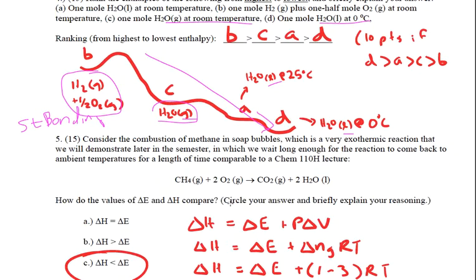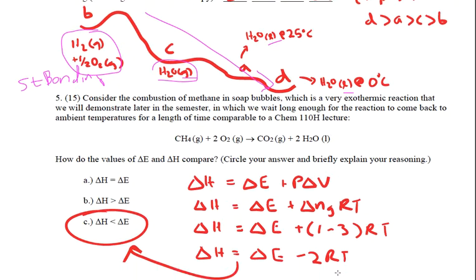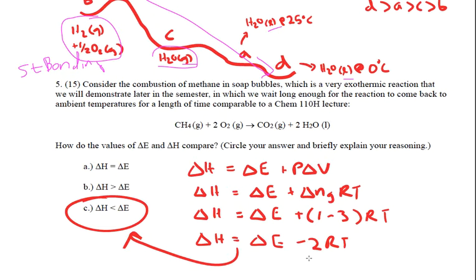Okay. And then last was number 5, and you did quite well with this question, but some people did not connect the change in the number of moles of gas with delta V, and that led you to conclude that P delta V was 0. But there's a change in the number of moles of gas.